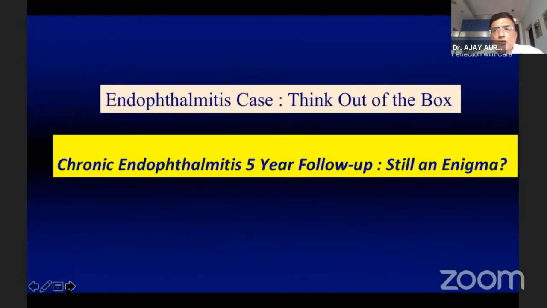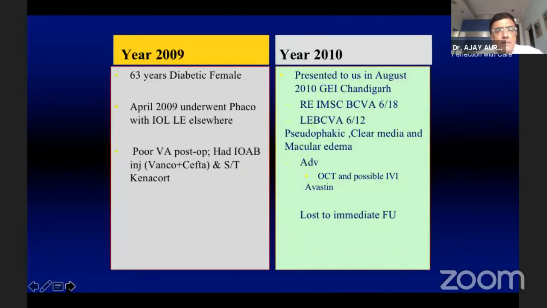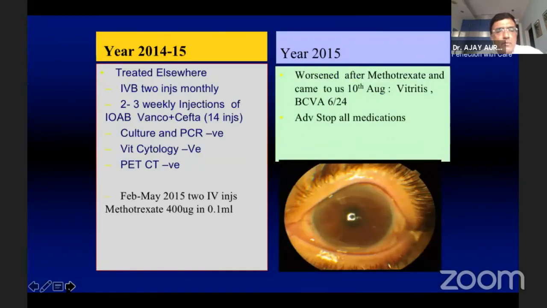So let me show you one case which I have followed personally for many years. The patient underwent cataract surgery, came to us and was treated elsewhere. We gave intravitreal bevacizumab, and subsequently the patient developed endophthalmitis. Was treated.